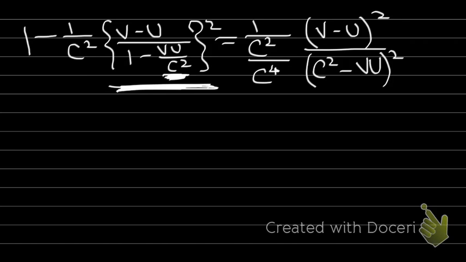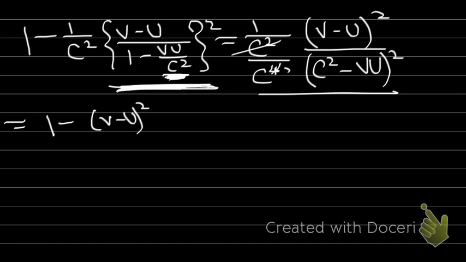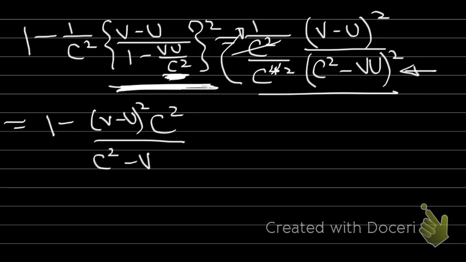Okay, so let's move on, and then this whole thing would be equal to further 1 minus (v minus u) squared times c squared over, in the denominator, obviously this term over here, (c squared minus v times u) whole squared.